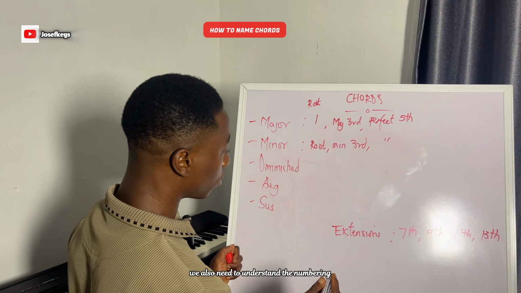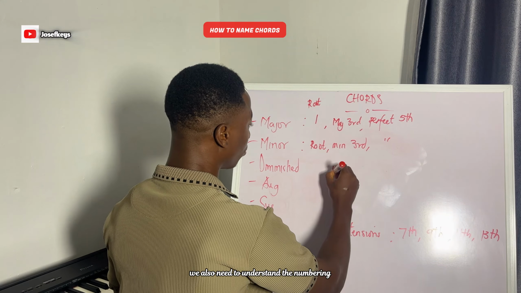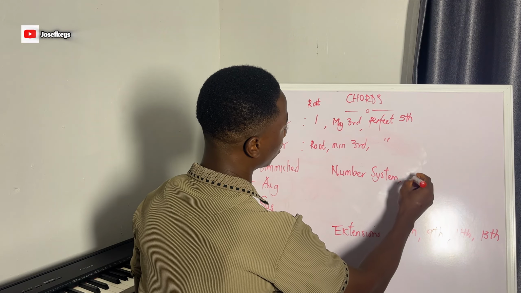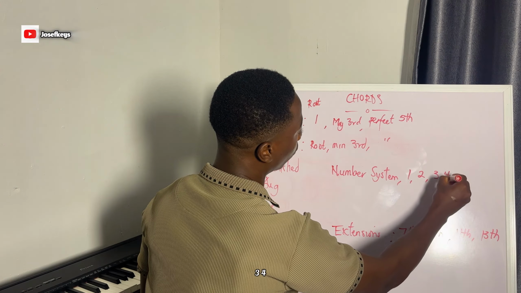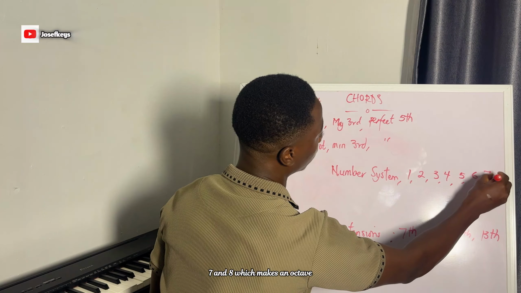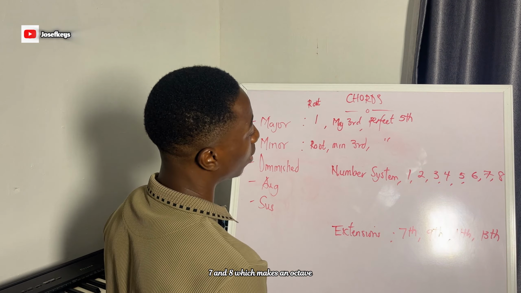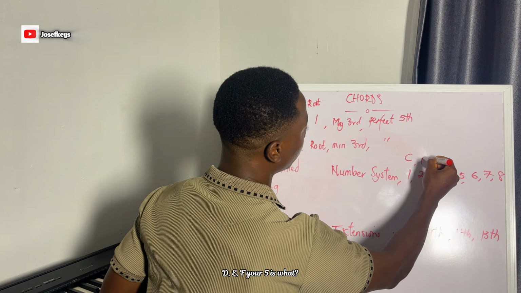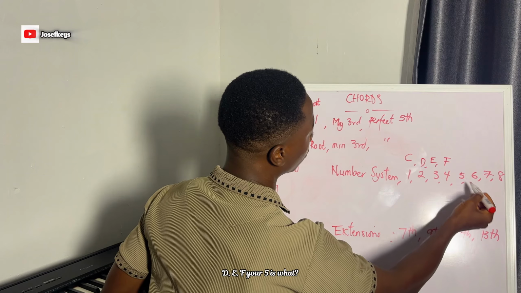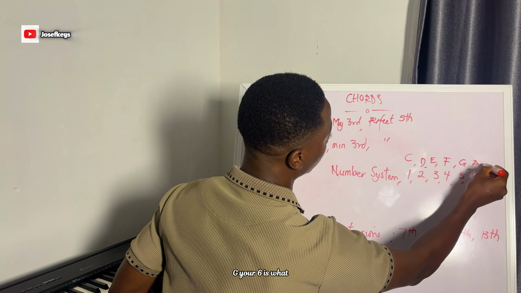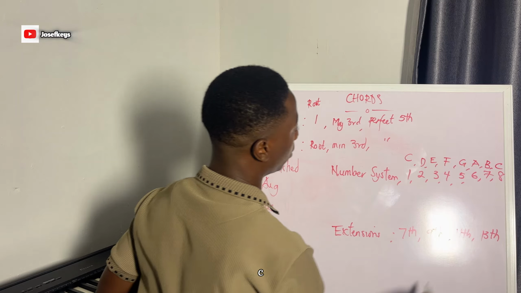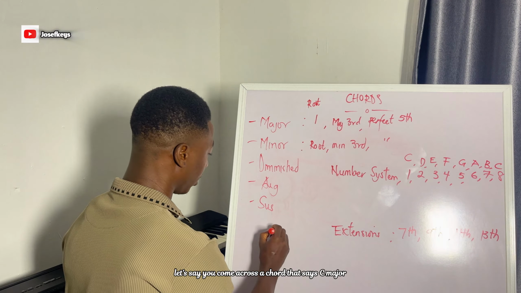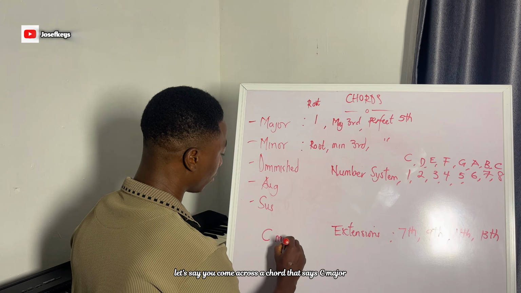So we also need to understand the number system, that's 1, 2, 3, 4, 5, 6, 7, and 8, which makes an octave. Using the key of C, this will be C, D, E, F. Your 5 is G. Your 6 is A, B, and what? C.